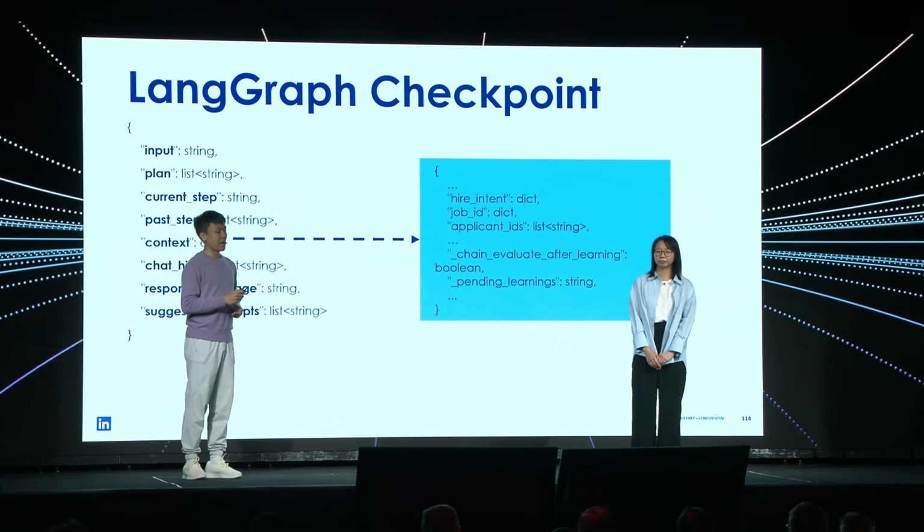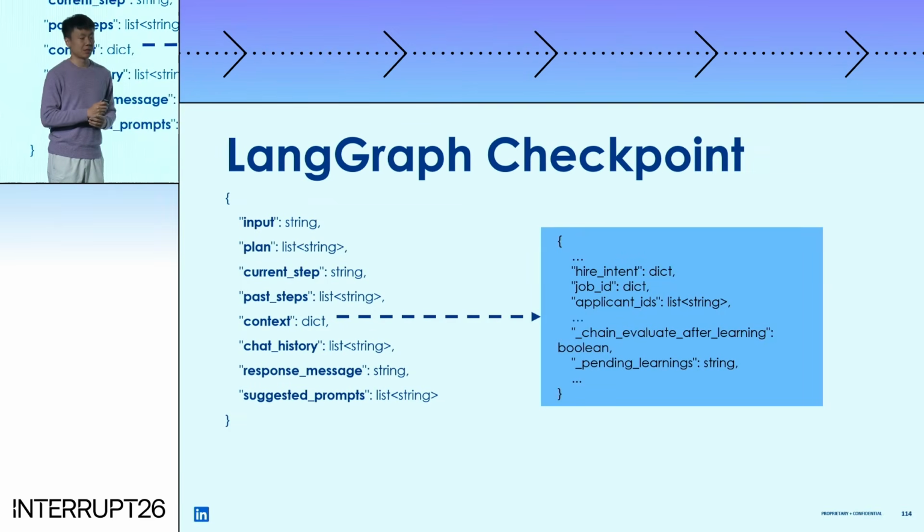This is a LangGraph checkpoint schema that we're actively using within our agent. You can see besides input and output, which also includes the suggested prompts as part of the outputs, we also have a lot of context-related parameters, which are key for our agent. Especially the context parameter itself has tons of parameters. There are two main types.